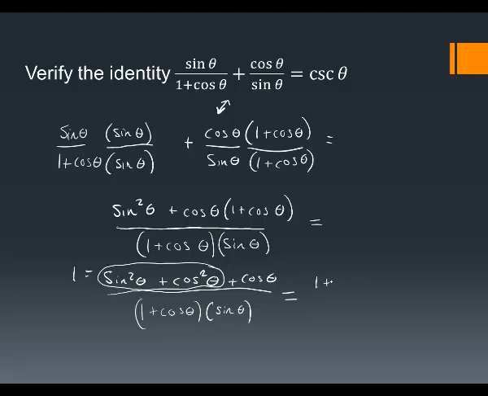So we get 1 plus cosine theta, which is what's left over, over 1 plus cosine theta times sine theta. And what happens? These cancel out. And we end up getting 1 over sine theta equal to secant theta.